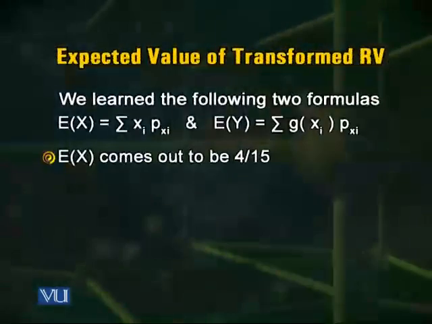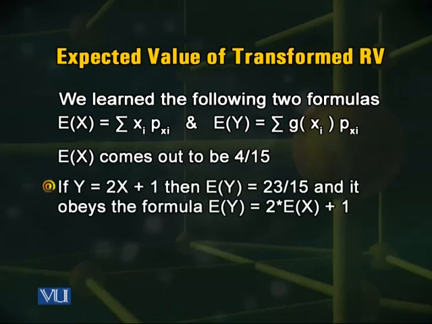If we find its expected value using its given probability mass function, we'll get it to be 4/15. Now, let's take the first reversible linear mapping that we discussed, that was y is equal to 2x plus 1.